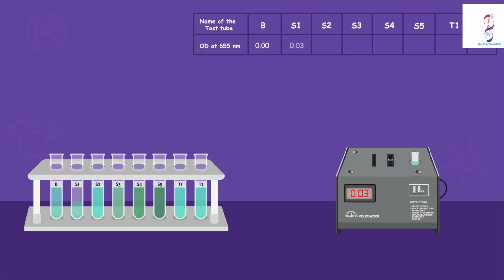You can see blank, S1, S2, S3, S4, S5, and the test solution T1. The absorbance of unknown over the concentration of unknown is equal to the absorbance of standard over the concentration of standard. This is how you calculate the concentration of the unknown solution.